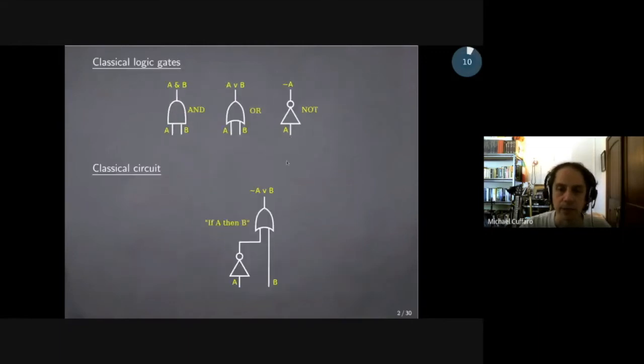Simulation would be a kind of pedantic way of putting it, because it's an exact simulation, right? The idea of asymptotically approaching something isn't really at play here. This is an exact simulation of a logic gate, of a logical operation.